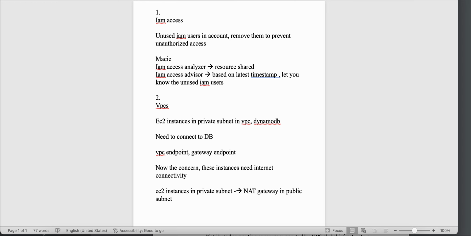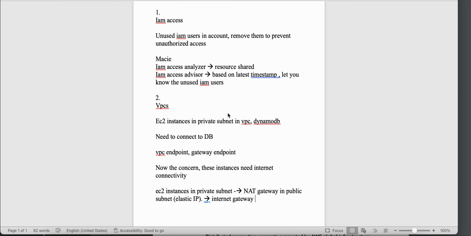When you create a NAT gateway, an elastic IP is given. Then you have to create an internet gateway outside the VPC. The NAT gateway, using the elastic IP, will connect to the internet gateway, and then you have to update the route tables. This is how you will have internet connectivity for the private EC2 instances.